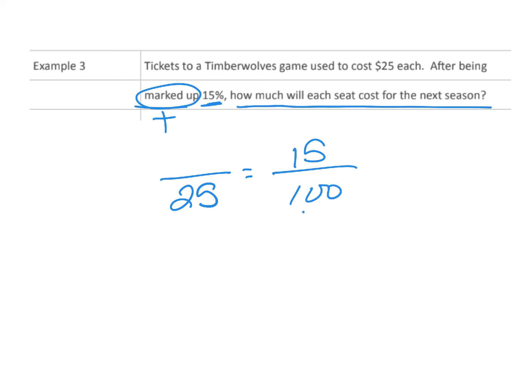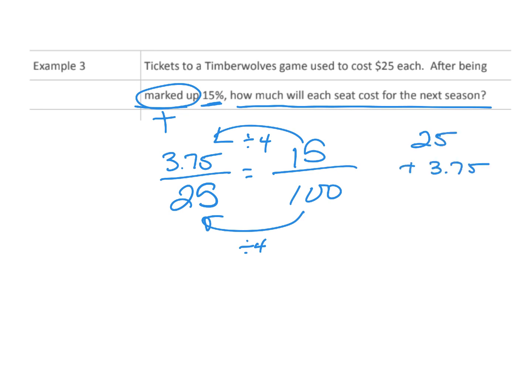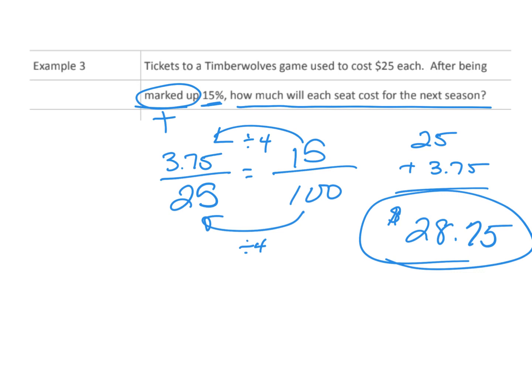Well, I'm going to do it the easy way. I'm going to divide by 4. So 15 divided by 4, that's going to give me $3.75. So marked up, I'm going to add 25 plus $3.75. Tickets this season for those seats are going to be $28.75, and there's our answer.